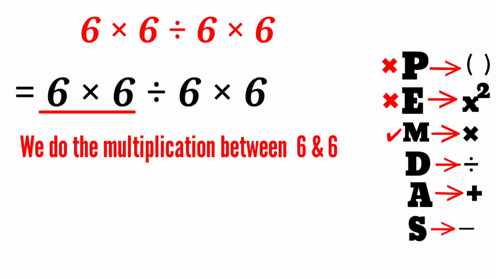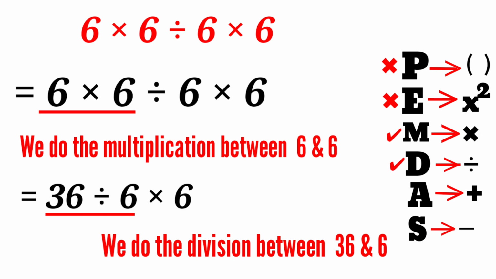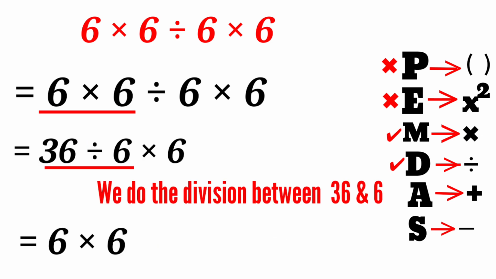We do the multiplication between 6 and 6, which is equal to 36 divided by 6 times 6. Now we do the multiplication between 36 and 6, which is equal to 6 times 6.